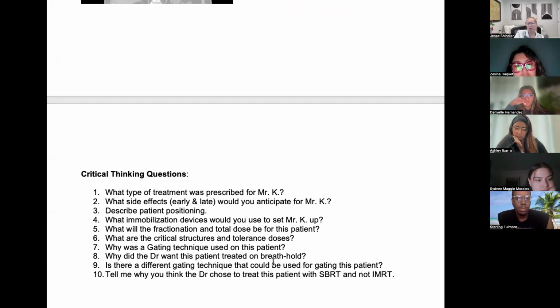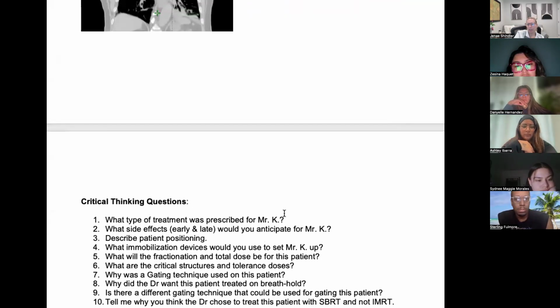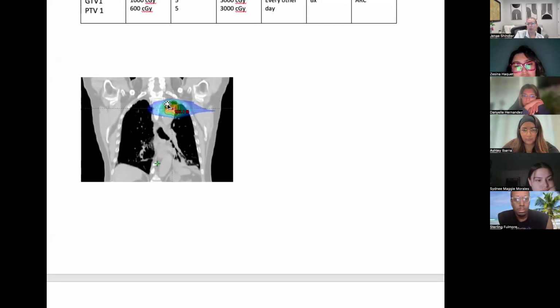Alan, we just talked about how the last one was IMRT and not SBRT because it was close to critical structures. This is still close to critical structures. Why do you think it was SBRT? I'm honestly not sure.